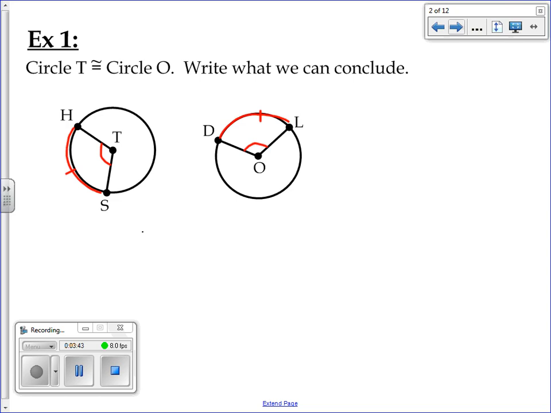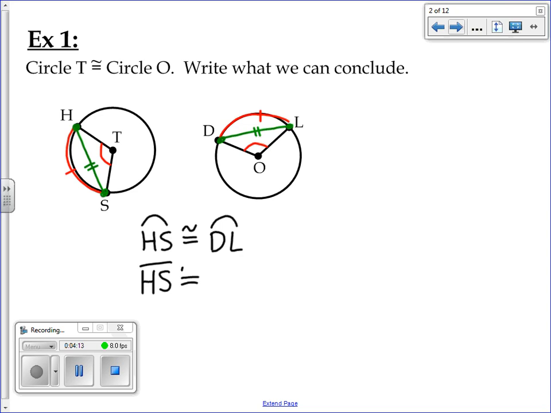So we can say arc HS is congruent to arc DL. And what else could we say? Their chords are congruent, connecting H to S and D to L. So segment HS is congruent to segment DL.